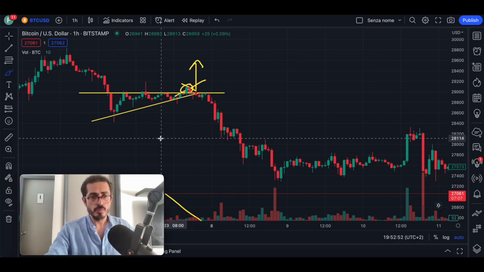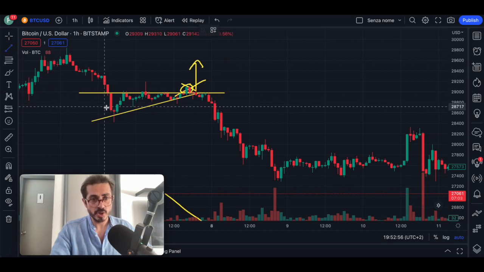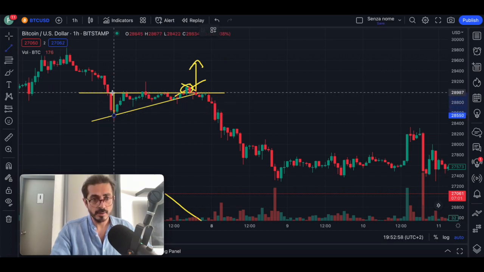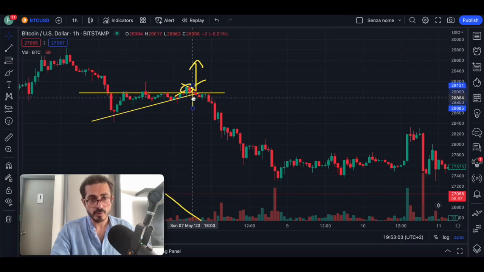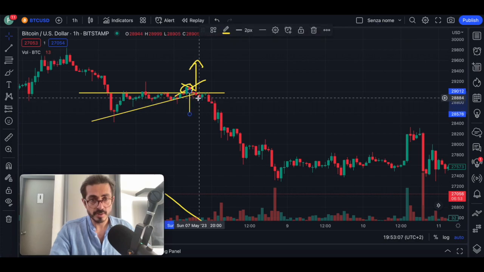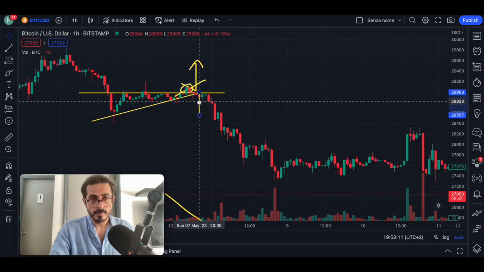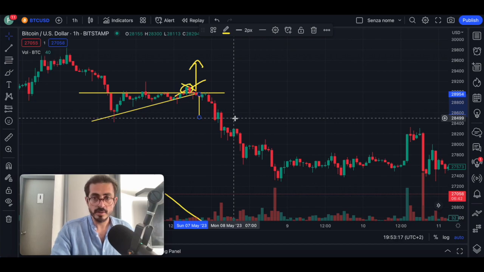And how do you measure the target of a breakout? Basically you measure the height of the triangle, and then you move this line to the breakout point, which is here where we got this red candle. And technically we should take profit here at 28,500 US dollars.